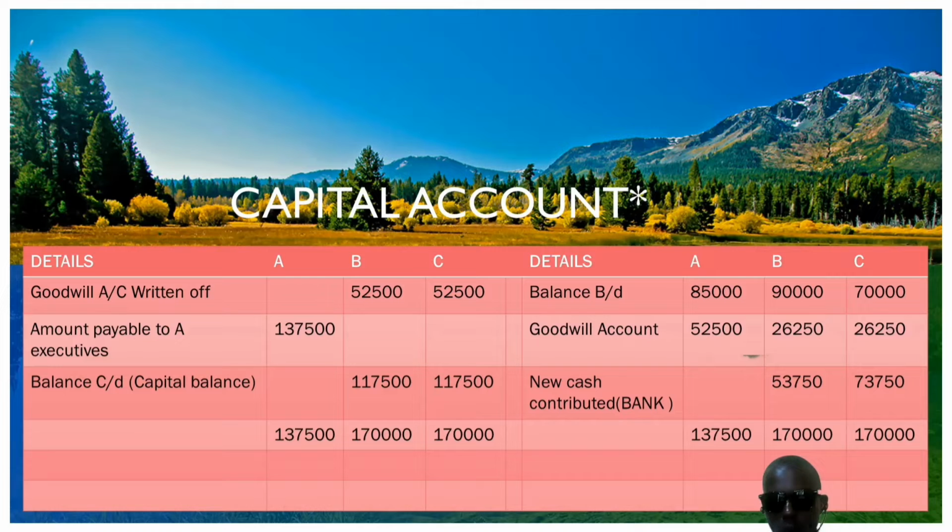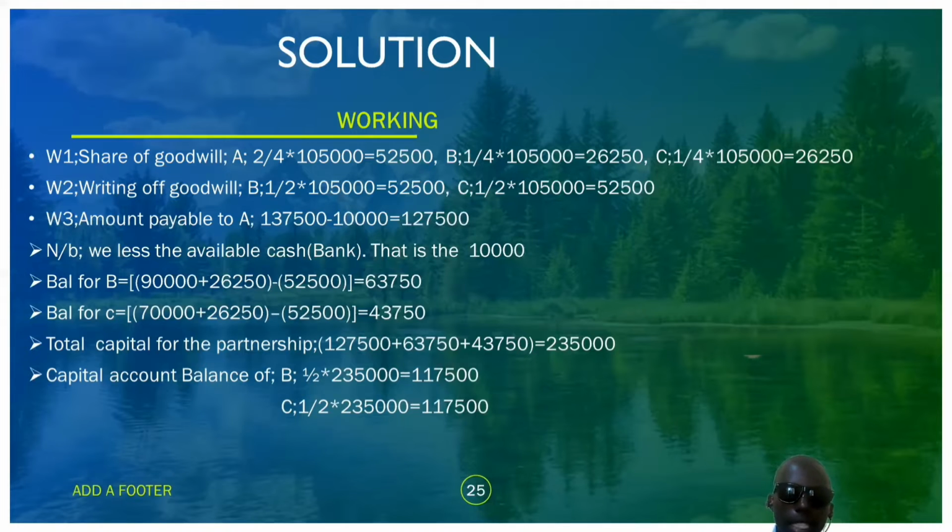Now, since we have these balances, we need to balance. But before balancing off, there is an aspect that has been brought in: they agreed that they should introduce a new capital. So the question is, how much will they introduce?